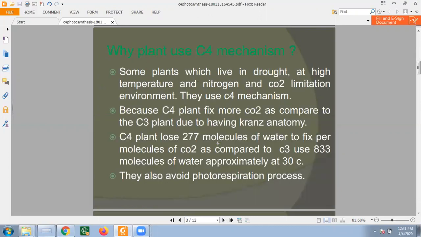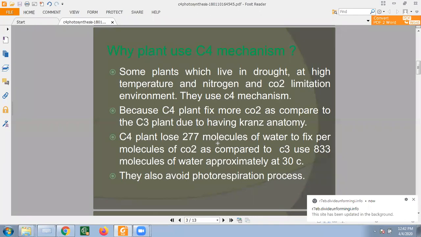Why do these plants use this alternative mechanism? These plants usually grow in drought and high temperature conditions, with high nitrogen content and carbon dioxide limitation in that environment. They additionally follow this pathway alternate to the C3 cycle.